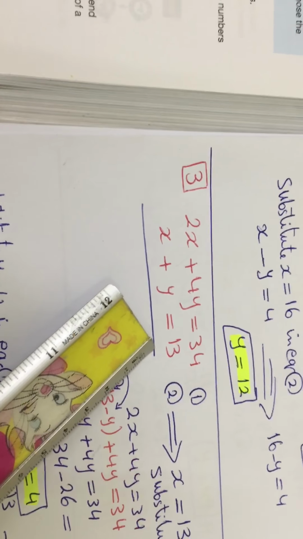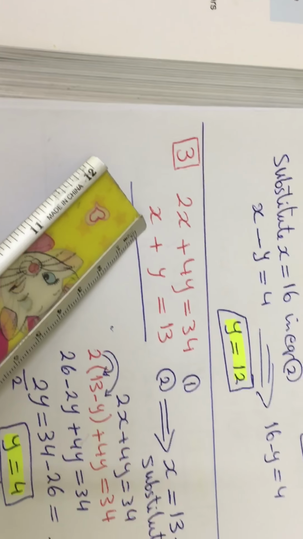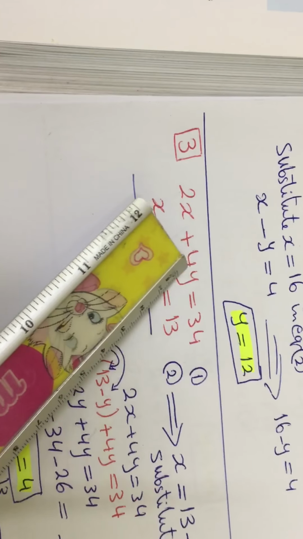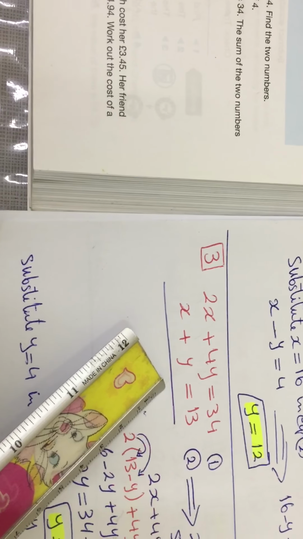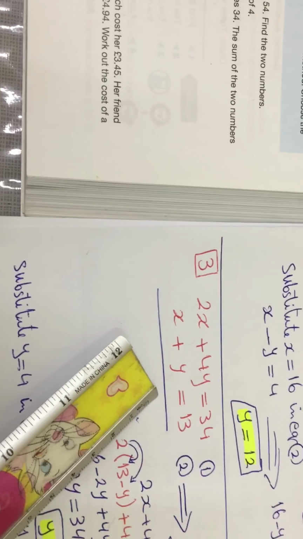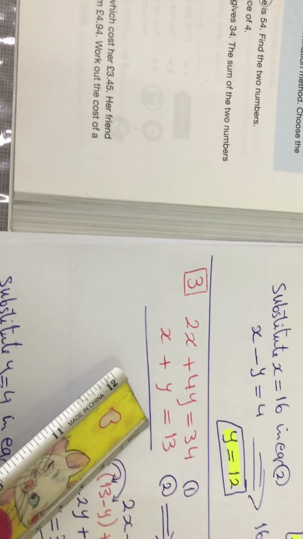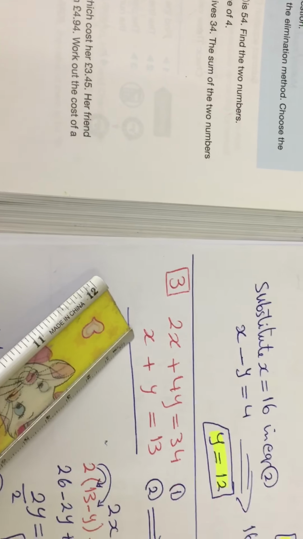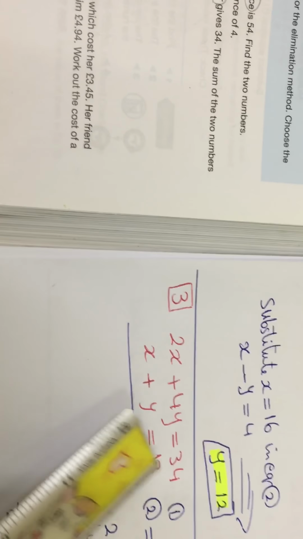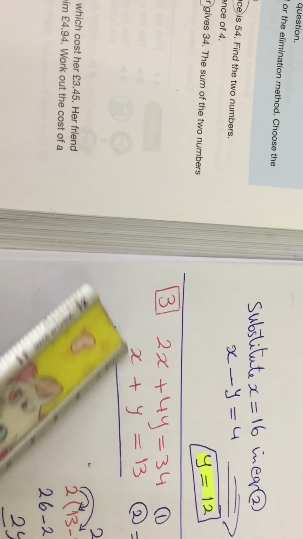What I have here, I have 2x positive and x positive, 4y positive and y positive. What's your opinion? I can use elimination or substitution. You can use both, but I think it's easy to find the value of x equal 13 minus y, or y equal 13 minus x.